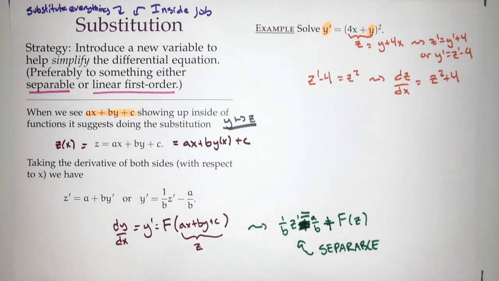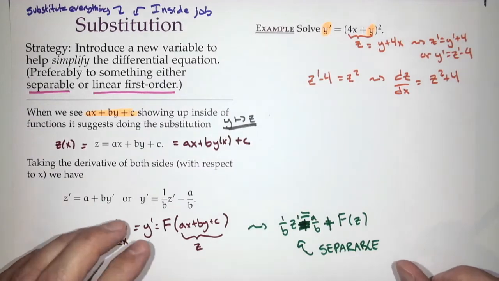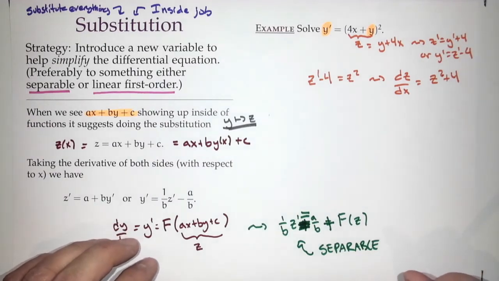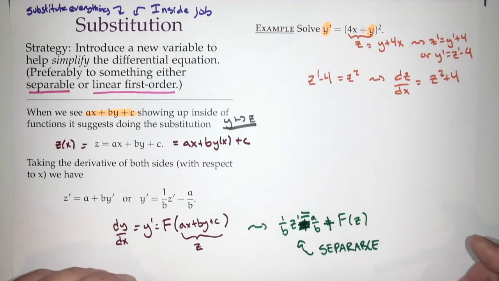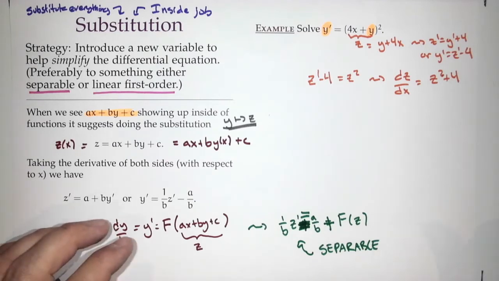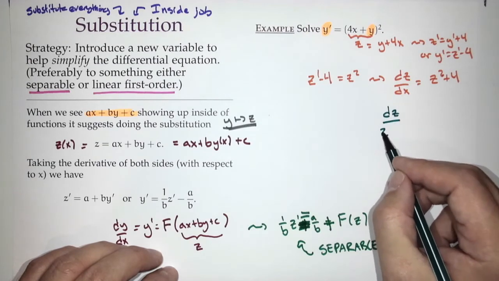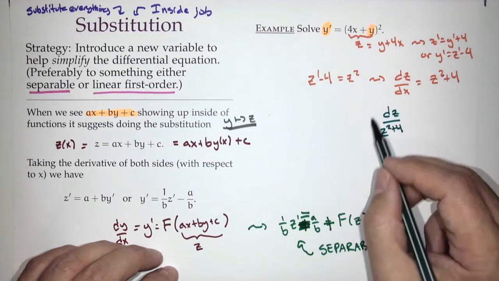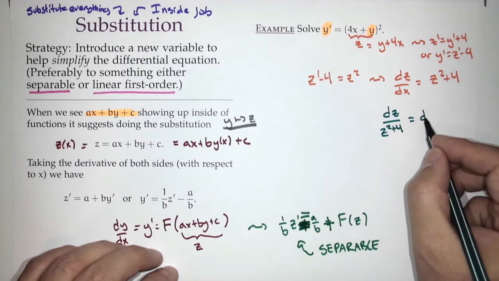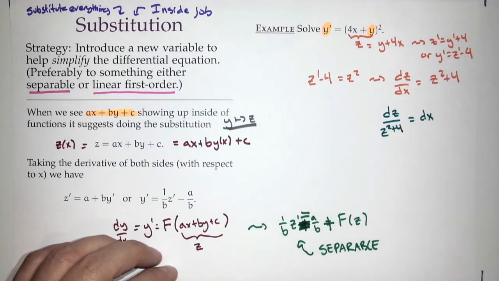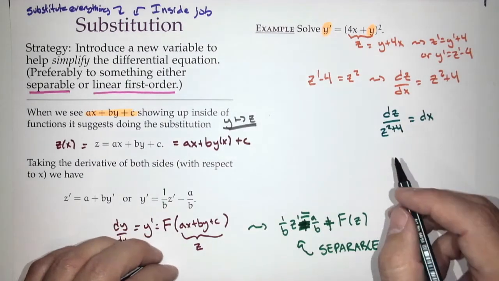You can factor it. We can? Well, I guess you can. It's separable now between z's and x's. Yeah, it's separable, so we separate. So we'll do dz over z squared plus 4, get all the z's together, equals dx.